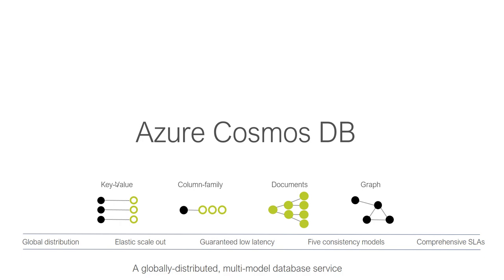Because in any enterprise, you will never have all your data kept in one form. Your data is generally in different formats. That's why Cosmos DB is called a multi-model database. You can have different kinds of data stored in just one database. You don't have to have separate databases for separate kinds of data.